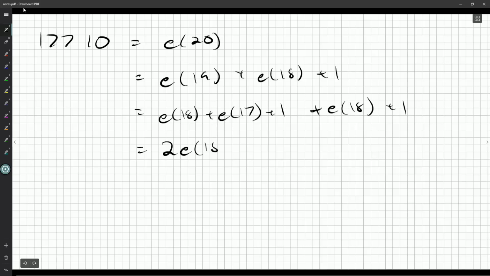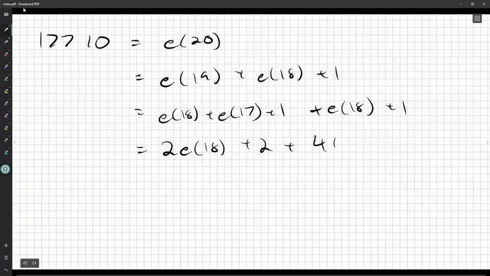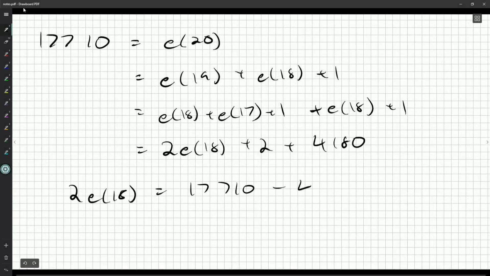So I get 2 E18s plus 2 plus E17, which they said was 4,180. So I can work out 2 E18: 17,710 minus 4,182, I'll grab my calculator, divide by 2.